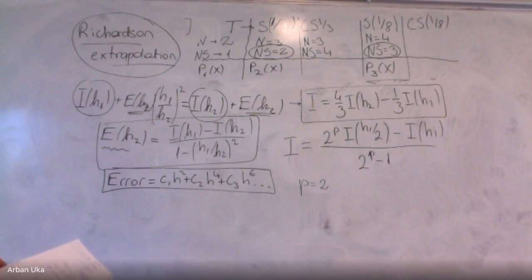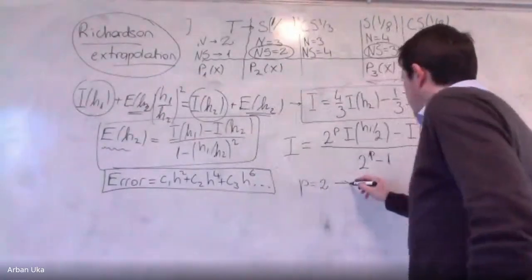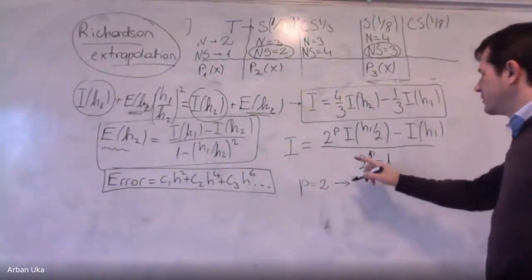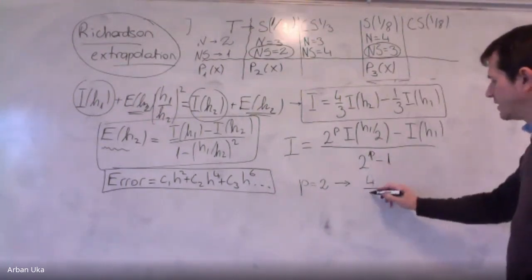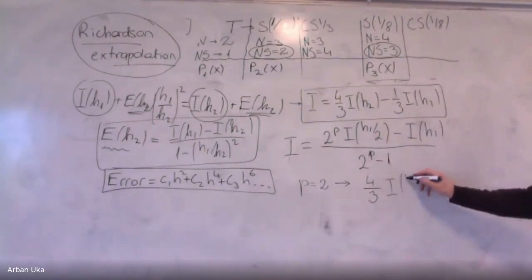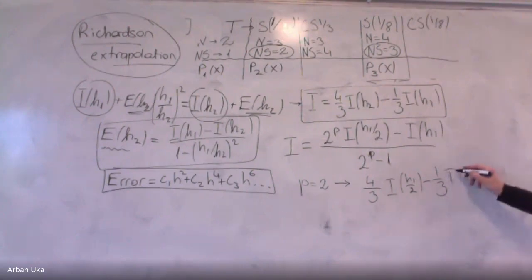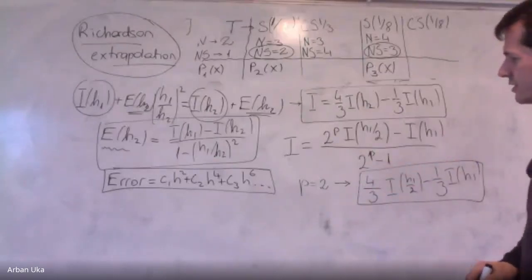And for this reason, if we put p equal to 2, we have 2 to the power 2, which is 4, divided by 3. So we get 4 over 3 times the integral of h1 over 2, minus 1 over 3 times the integral using just h1. Okay, so we can use this combination.